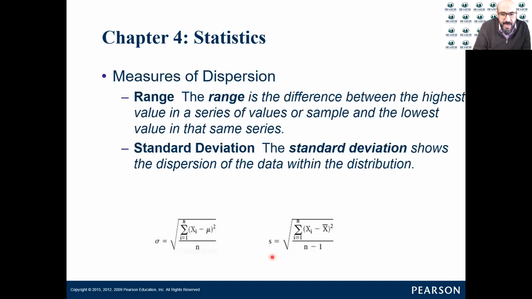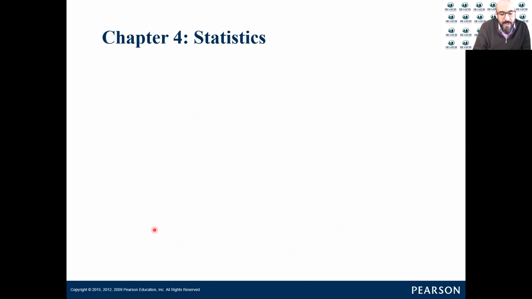If it's for a sample, we use this equation: the square root of the summation of (x minus the average) to the power of 2, divided by n. The only difference is whether it is divided by n or by n minus 1. Either way would be used to calculate the standard deviation.